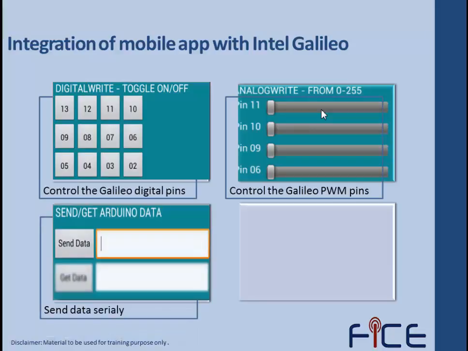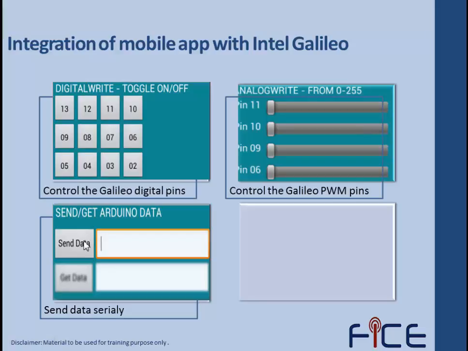Coming to how I can send data serially, as you can see in the picture here, there is an option called send data, where I can send data by clicking in this app to the Galileo serially, and I'll get the output on the serial monitor.